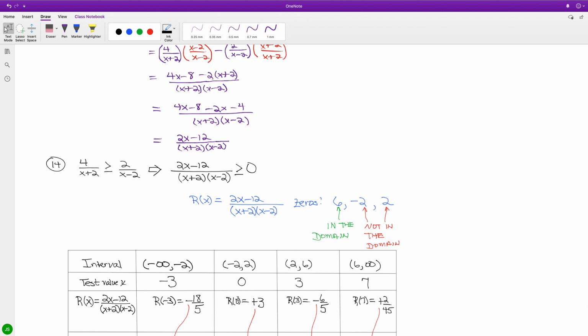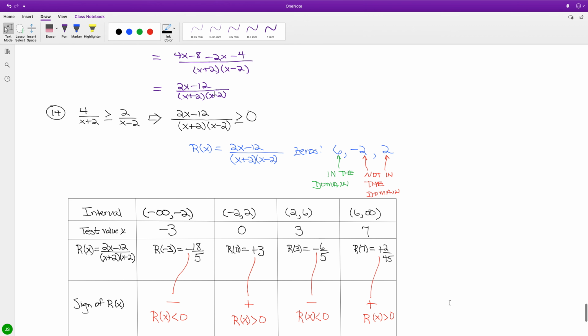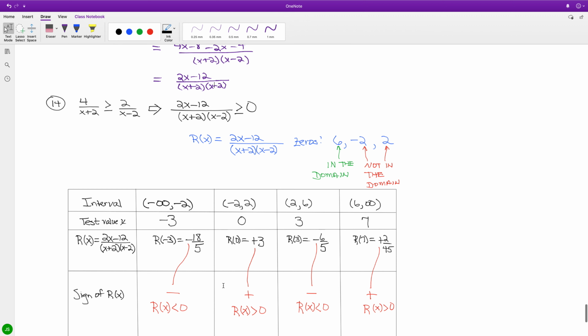With 0 put in, the output is going to be +3 once you simplify. For the input 3, the output comes out to -6/5. And with 7 plugged in, in terms of the ratio, this will end up becoming +2/45.